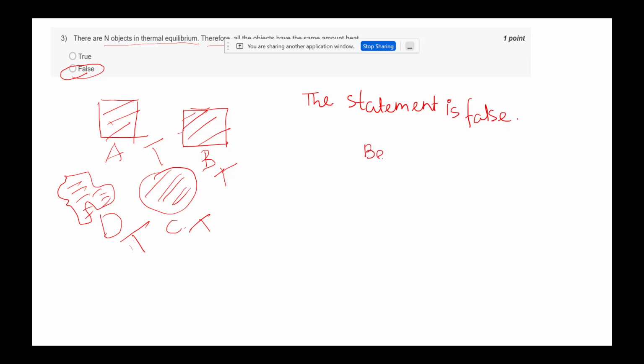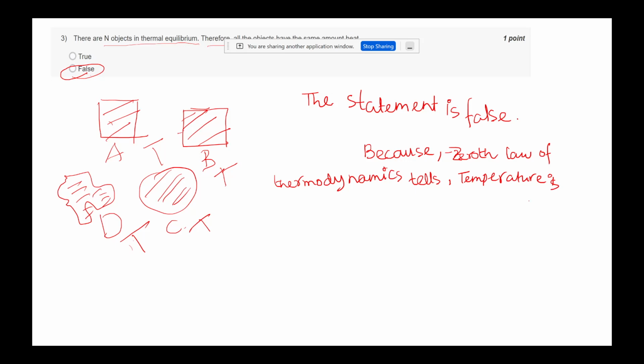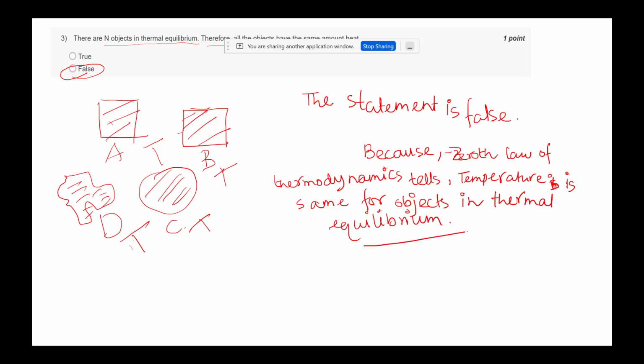False, because as Tathagato rightly said, the zeroth law of thermodynamics tells that temperature is the same for objects in thermal equilibrium.